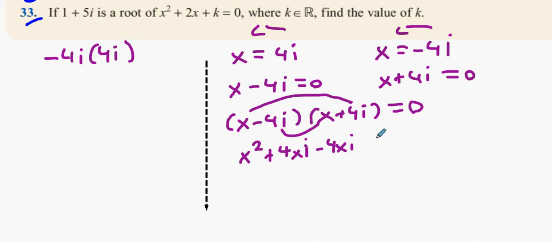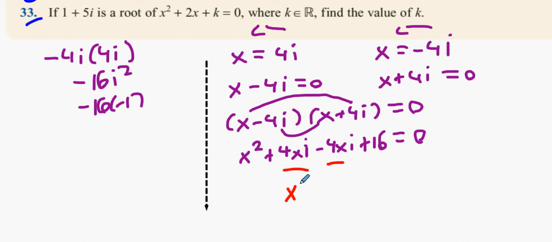Minus 16i squared, yeah. Because i squared changes to minus 1, and you get plus 16. What happens to the middle part? And what are you left with? x squared plus 16 equals 0. We did this earlier. The answer is going to be 4i and minus 4i.